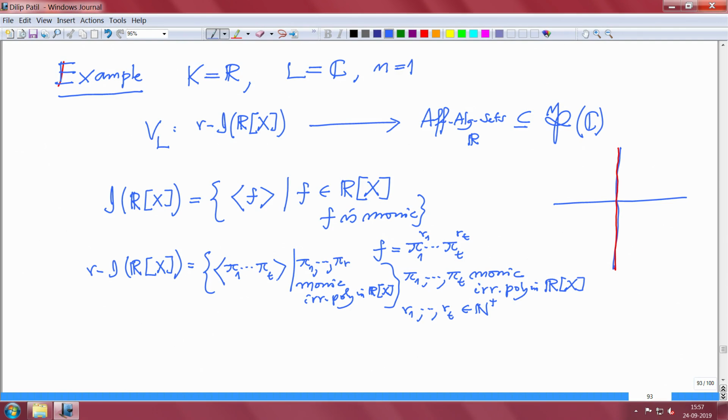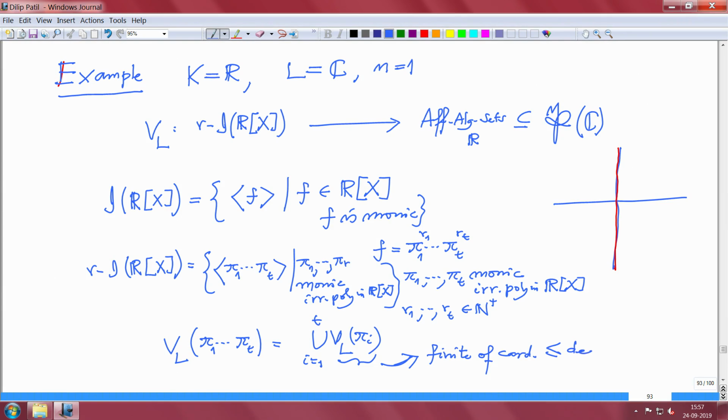Therefore, this product will have finitely many complex zeros, and therefore, where will this set go under V_L? So, V_L of p_1 to p_t is precisely the union of V_L of p_i, i from 1 to t, and each one of these is a finite set, in fact of cardinality less than or equal to the degree of p_i, because any polynomial of degree d cannot have more than d zeros.